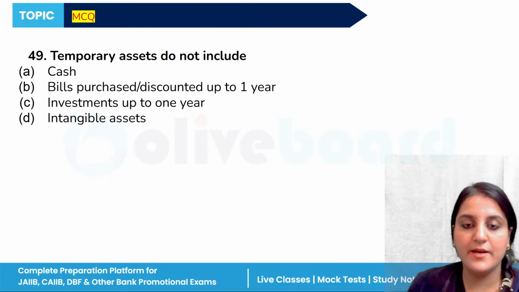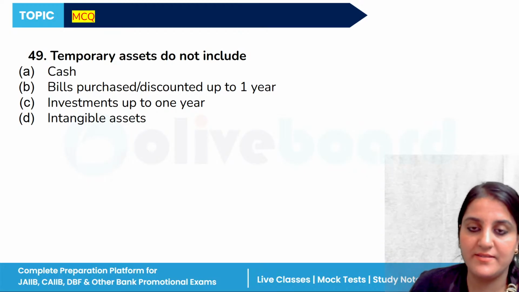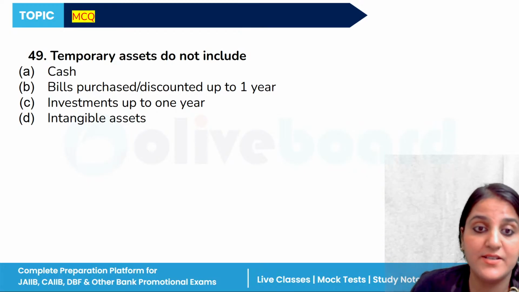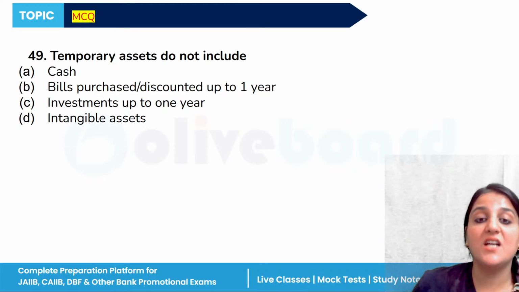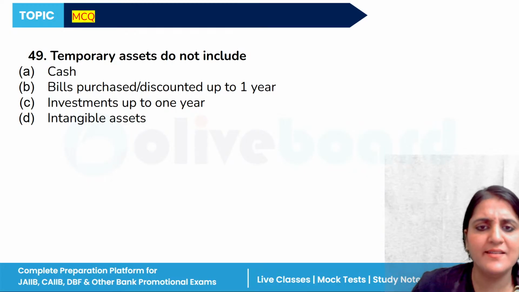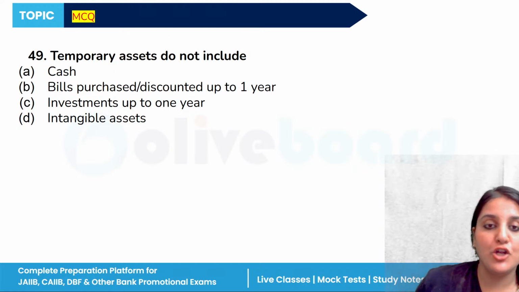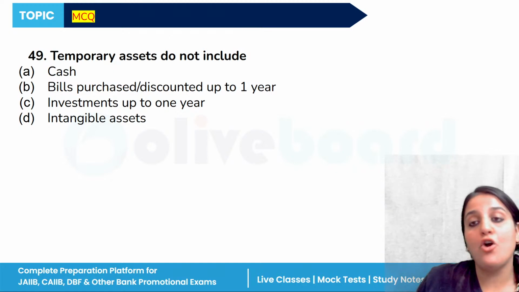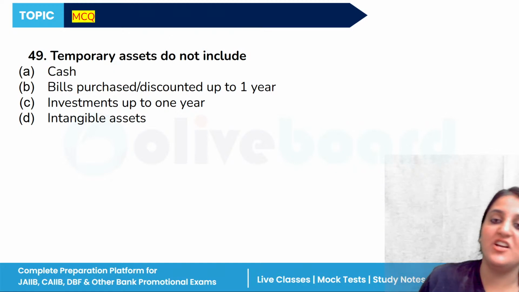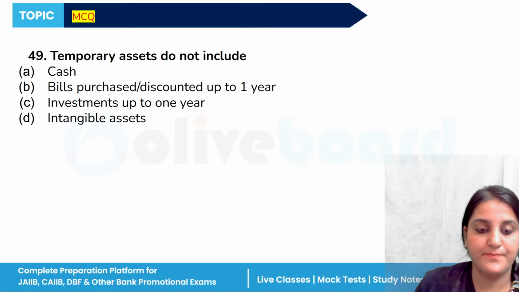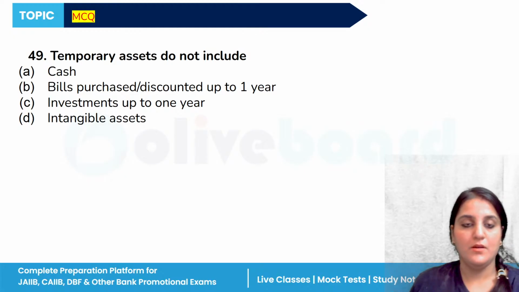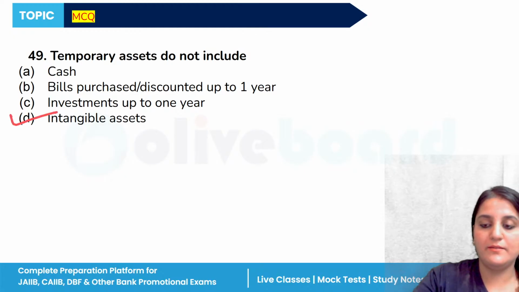So here intangible assets we can say, such as patents, trademarks, goodwill, are not considered temporary assets because they have a longer-term nature and are not expected to be converted into cash or consumed within a year. Okay, so here option D is correct.